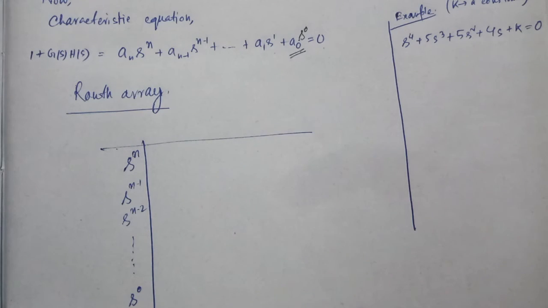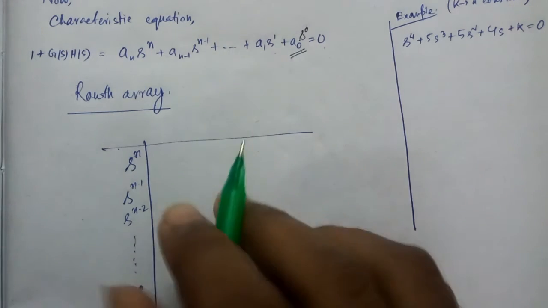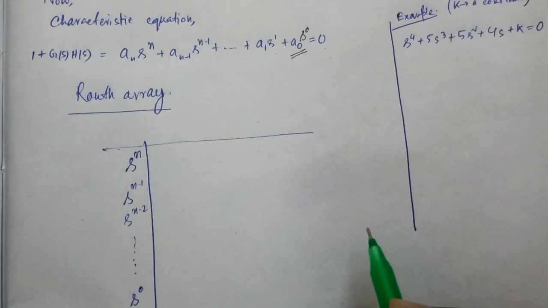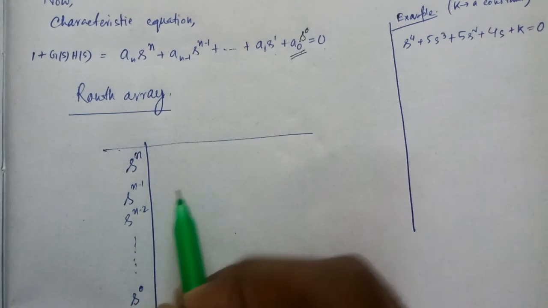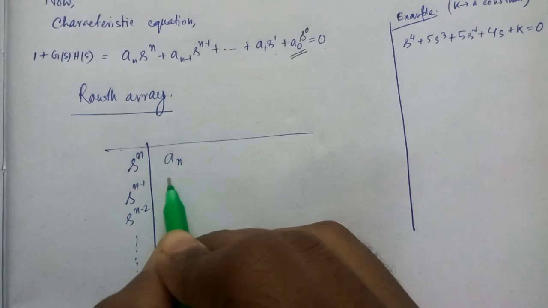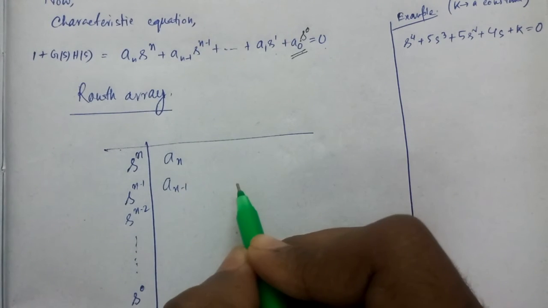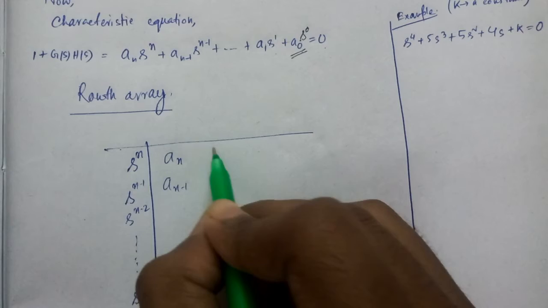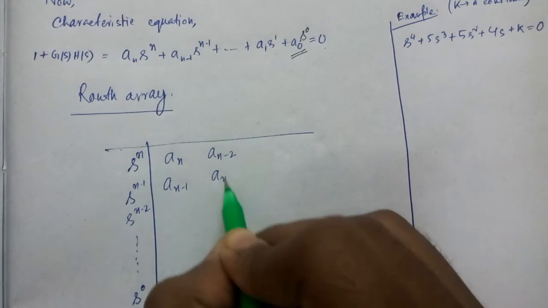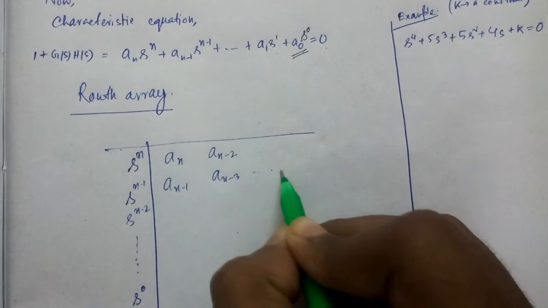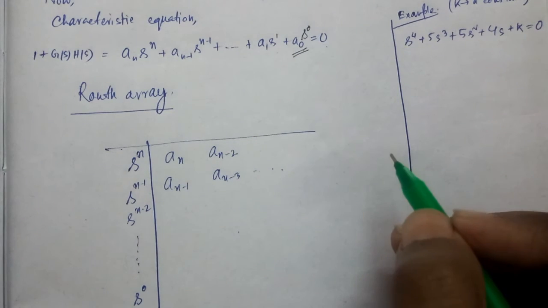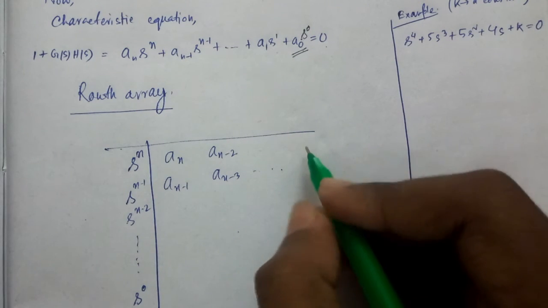Now this is the main part where we have to map or represent geometrically all the coefficients. So the process is, first we write a_n here, then a_(n-1) here, then a_(n-2) here, then a_(n-3), such that we go up to a_0, the constant term.